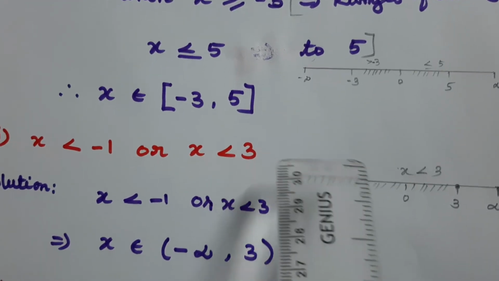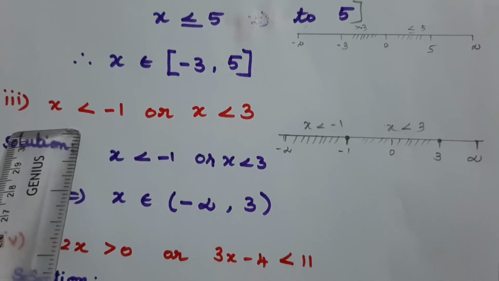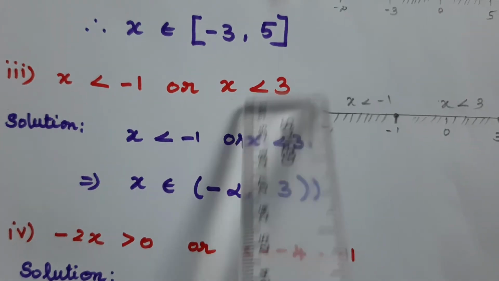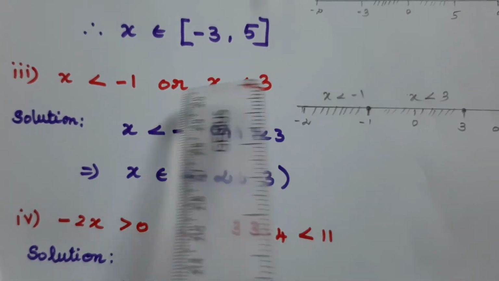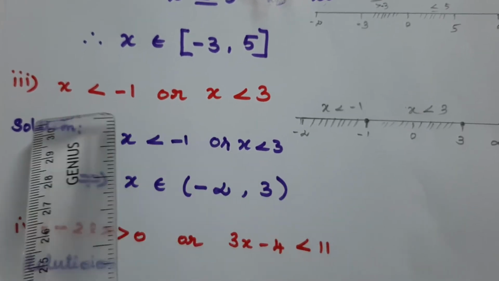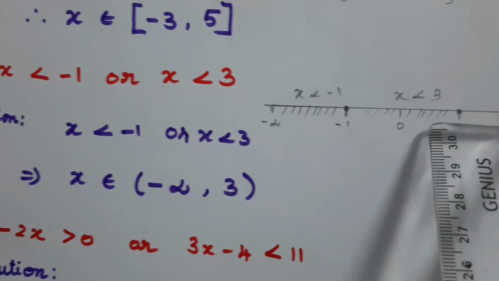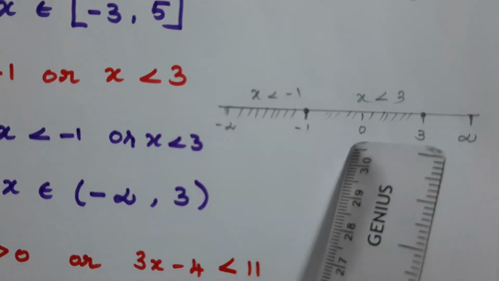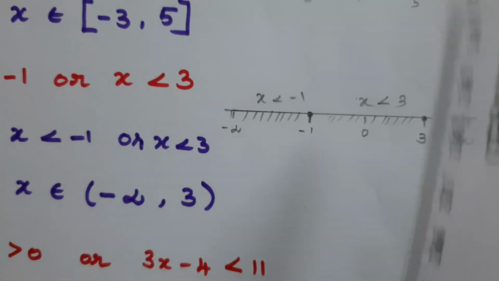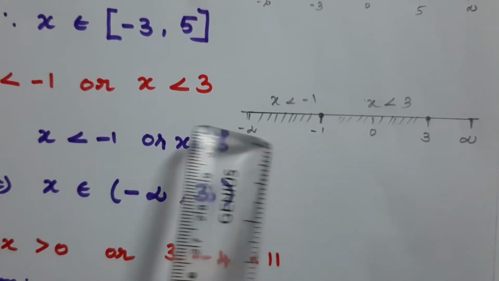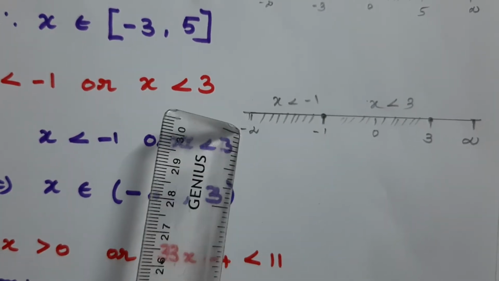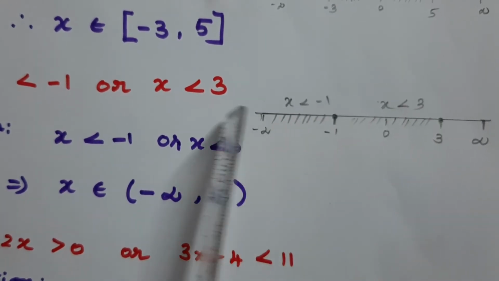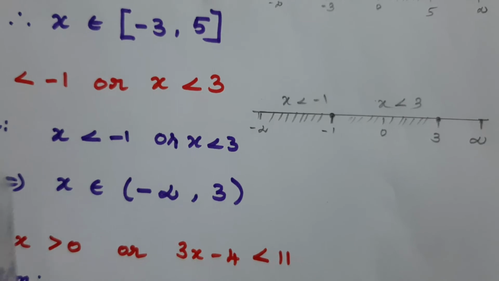And coming to your third subdivision, x is less than minus 1 or x is less than 3. See, whenever you have the or means it is the union values. So, less than minus 1 given here in the number line, right, let us consider here as your minus 1, 0 and somewhere here as the 3. So, less than minus 1 means it will be on the left hand side. So, till it is nothing but the minus infinity we will have.